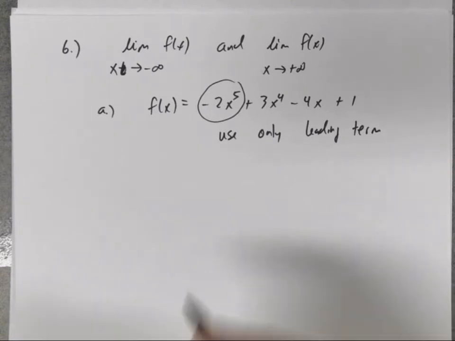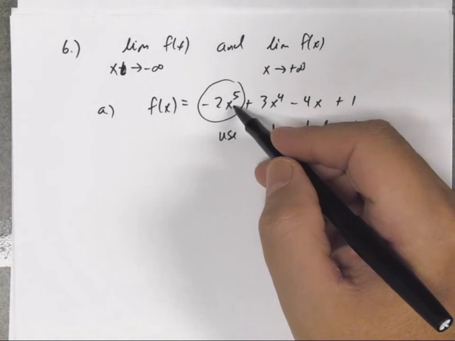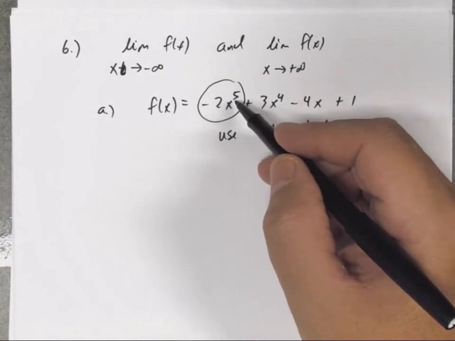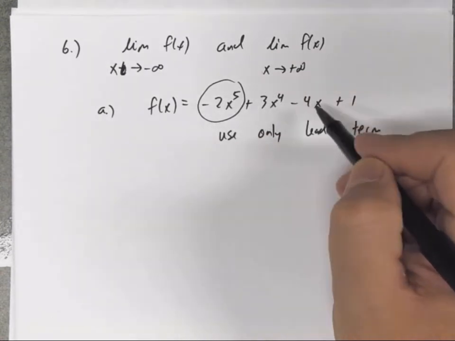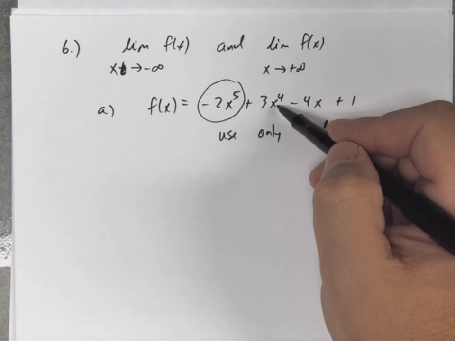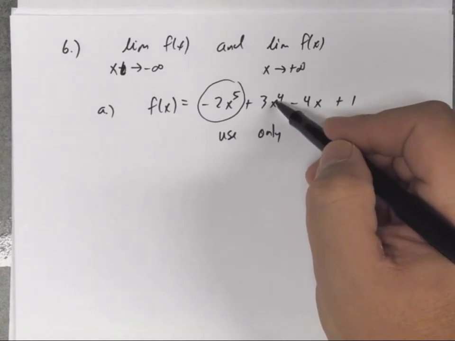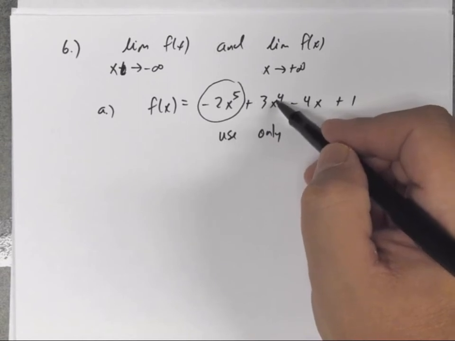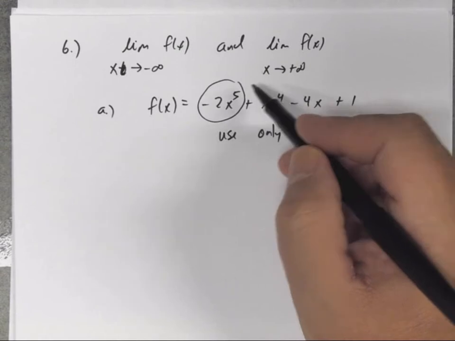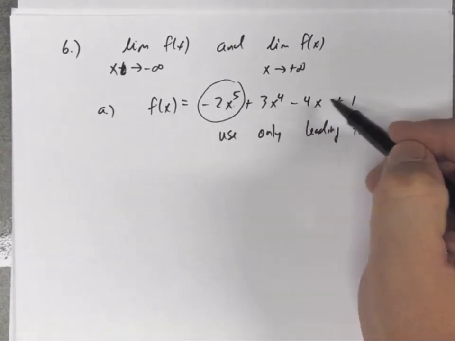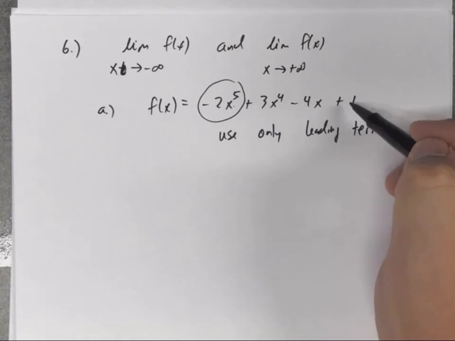Because when x starts approaching infinity, x to the 5th is going to dwarf all these other values. Even though x to the 4th has an exponent of 4, when x gets to be a really, really big number, I know it may be hard to visualize, but x to the 4th becomes insignificant compared to x to the 5th. And negative 4x is even less significant, and 1 is really nothing.